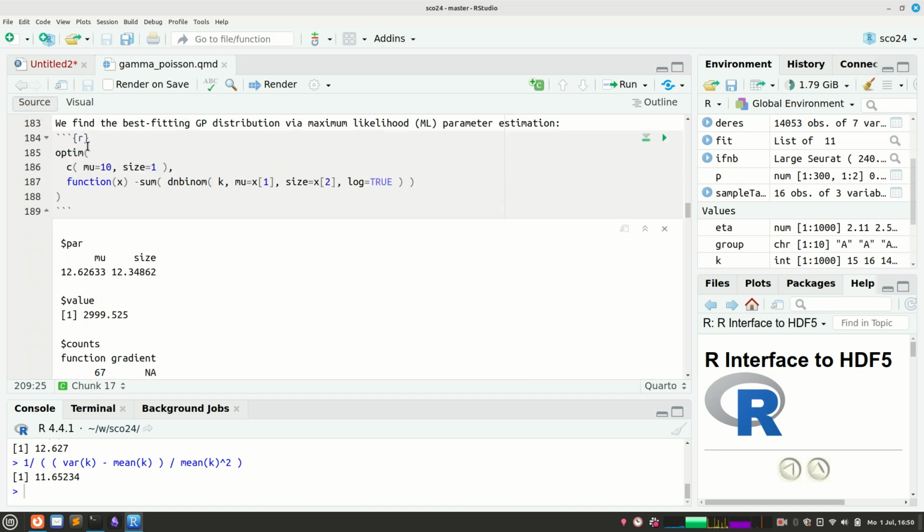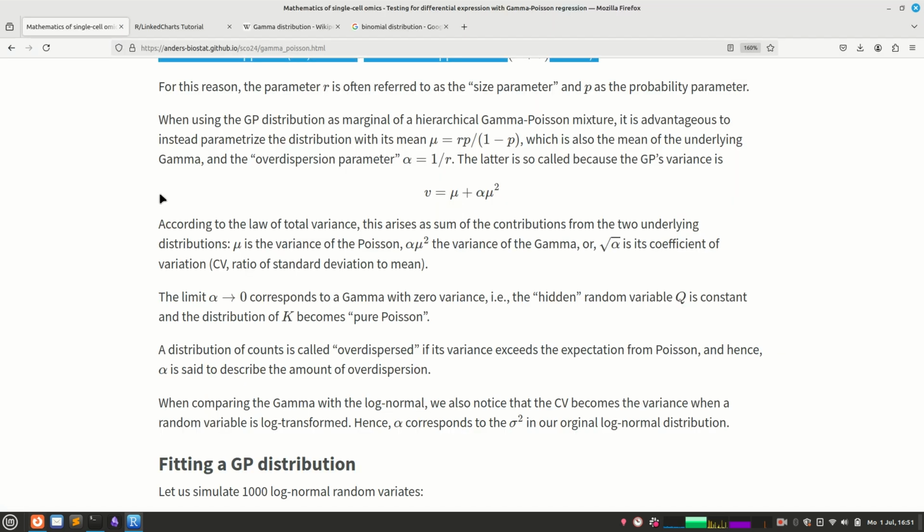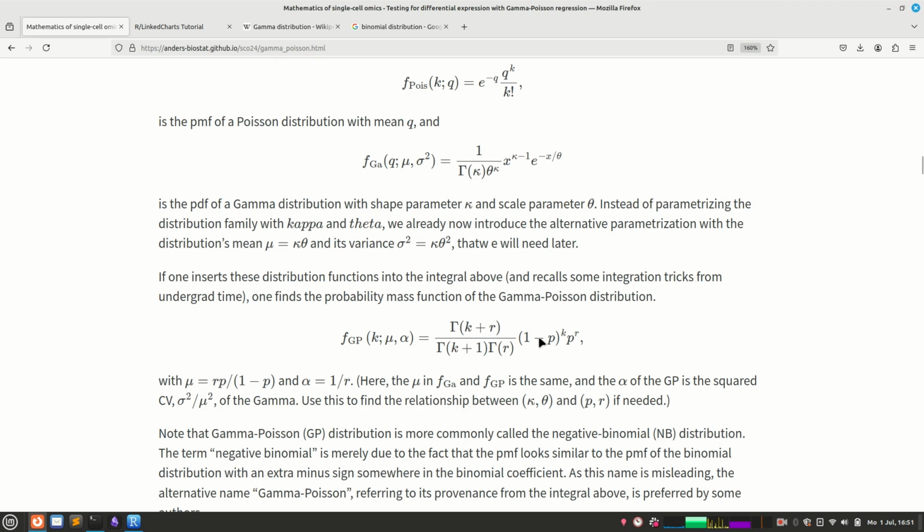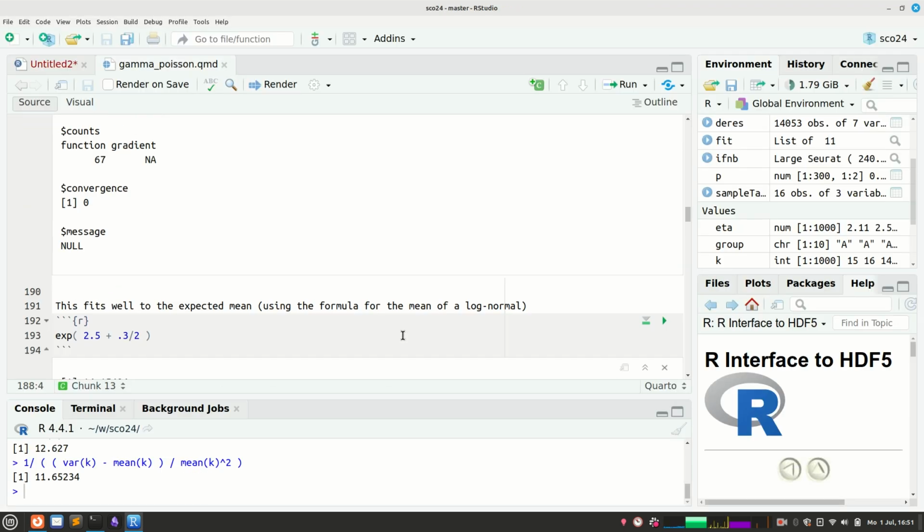Here I used my optimization simply with this general purpose optimizer of R, which simply takes a function and then tries around the parameters, doing some kind of search for a root or for a minimum. But if you want to do this a bit more cleverly, you can have an optimizer which is specifically written to work with the specific density of a gamma Poisson.